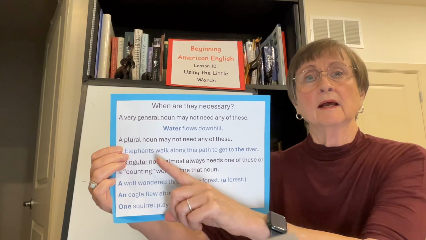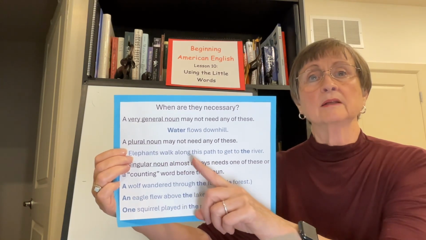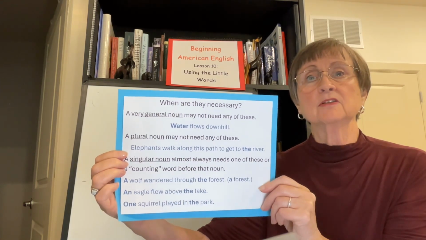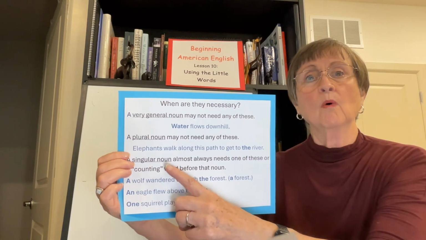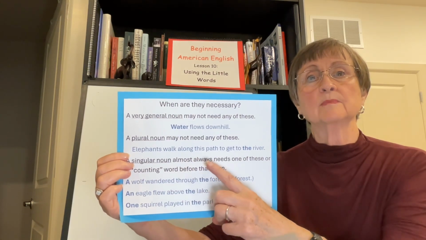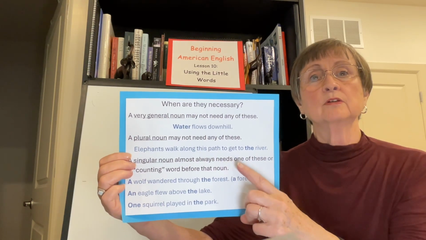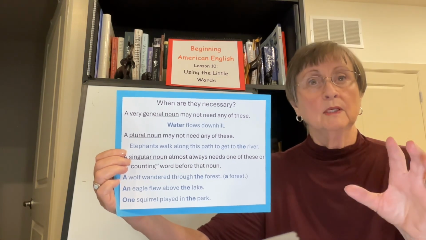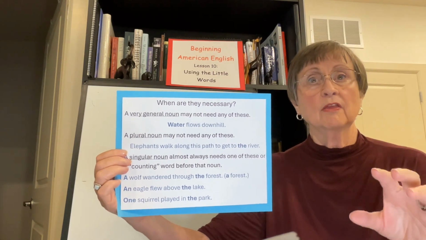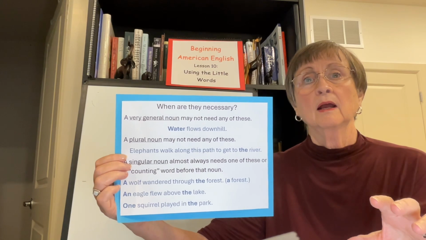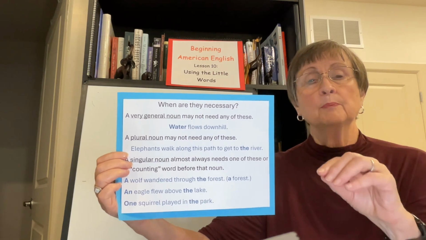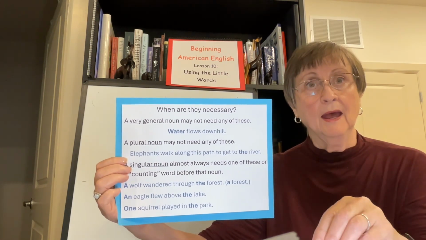A plural noun may not need any of these, such as elephants walk along this path to get to the river. We know which river it is, so we say the river. And I'm pointing to a particular path.